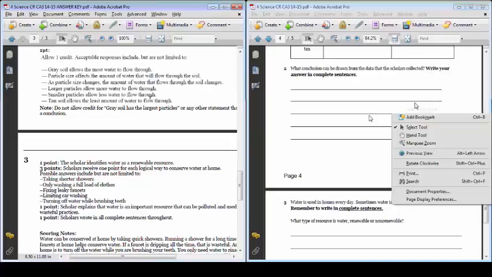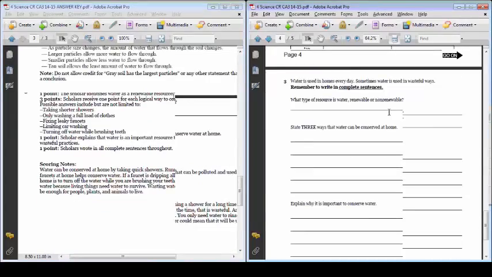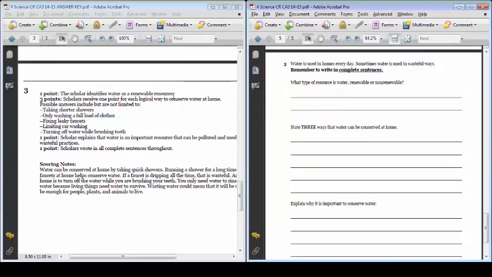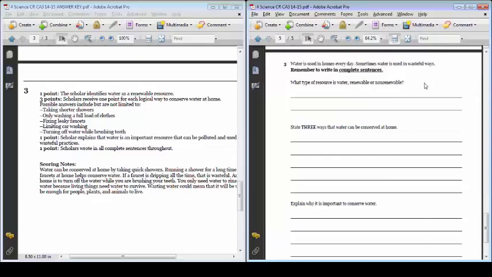Scrolling down for number 3. Number 3 is worth a total of 6 points, and it includes writing in complete sentences as well. For this first part right here, it's asking about water and about renewable resources.